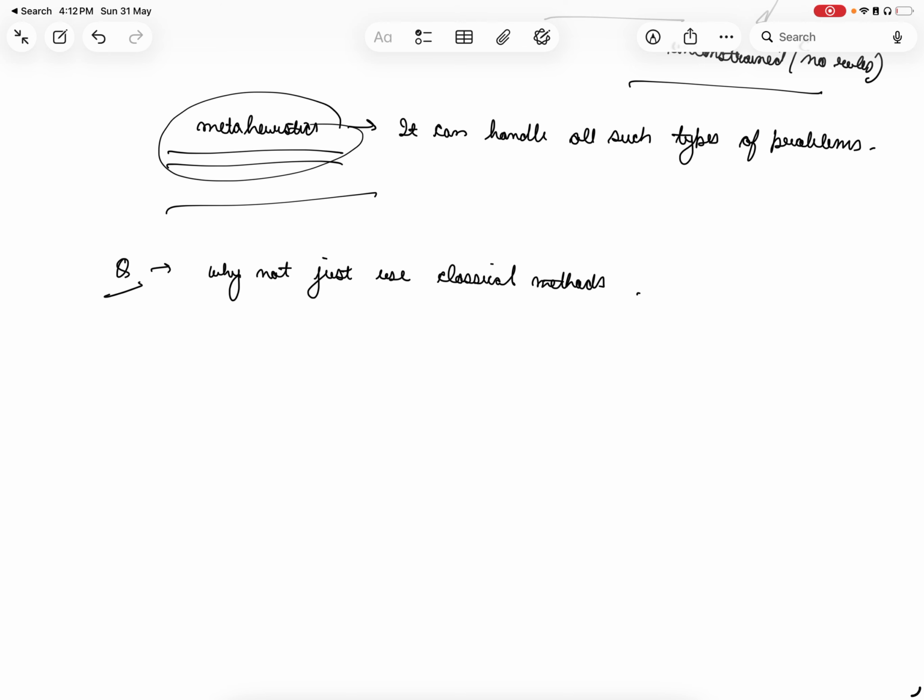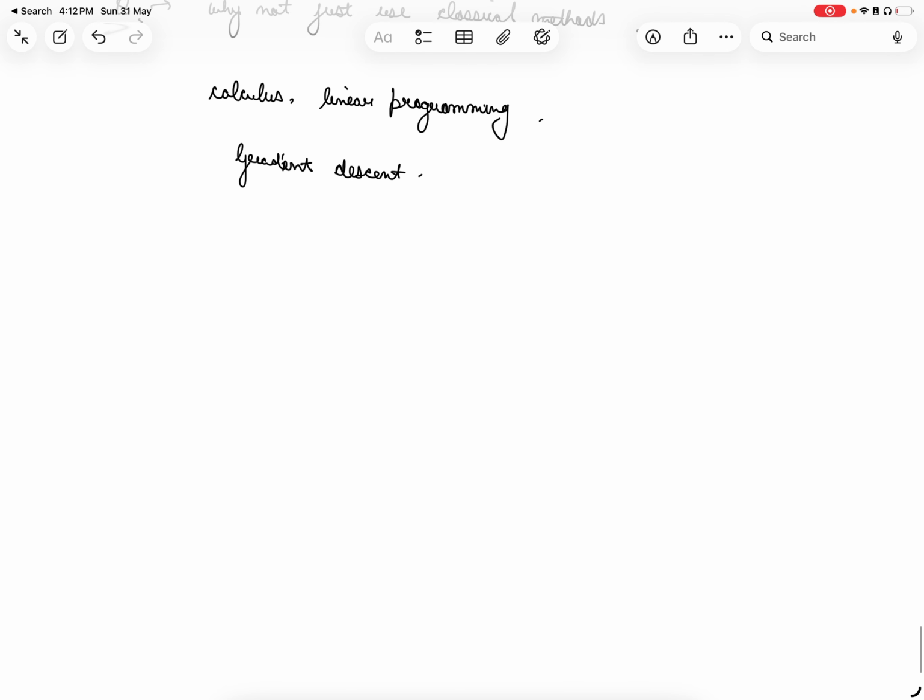You might believe there are already enough math methods for this, like calculus, linear programming, or gradient descent, which is also quite famous. However, there are certain issues.